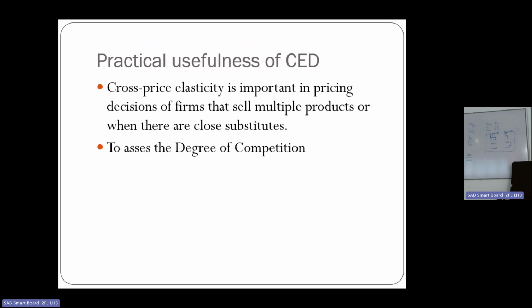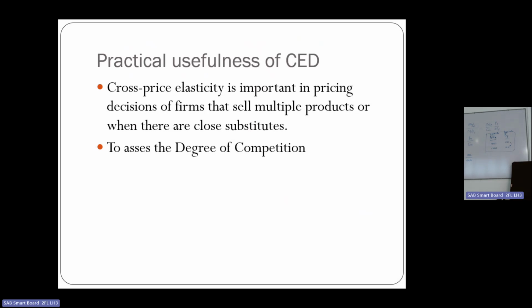Now we assume the price increases from 100 to 150.